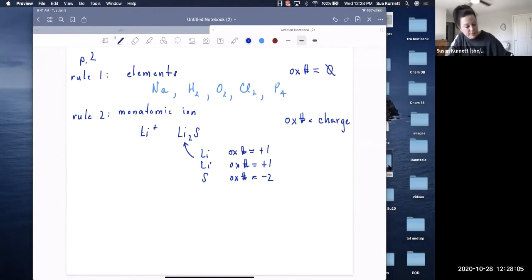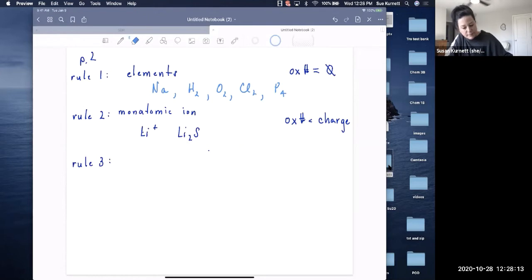Rule 3. We're going to talk about hydrogen. So hydrogen, the element, has an oxidation state of 0.